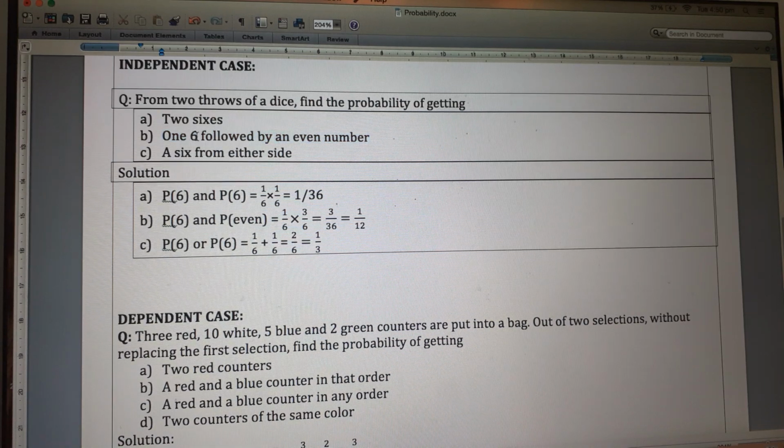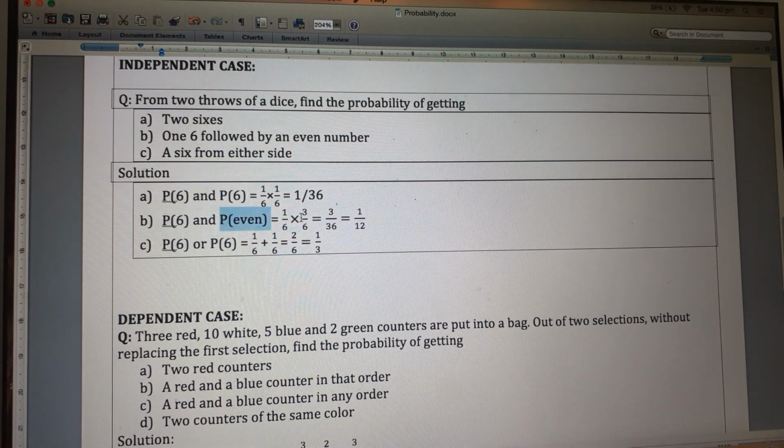Now the second is a 6 followed by an even number. So I will be calculating the probability for a 6. Probability for 6 is 1 out of 6, because 6 can come one time and total outcomes are 6. And I have to find probability of coming an even number.